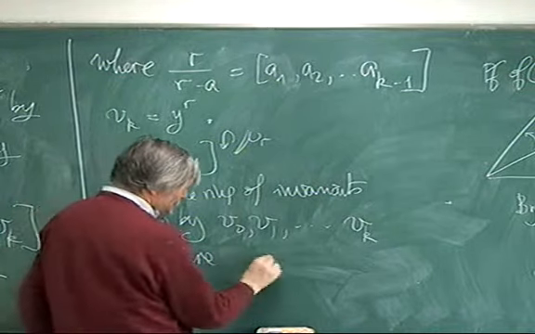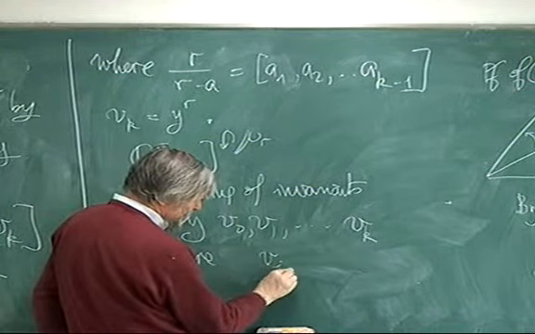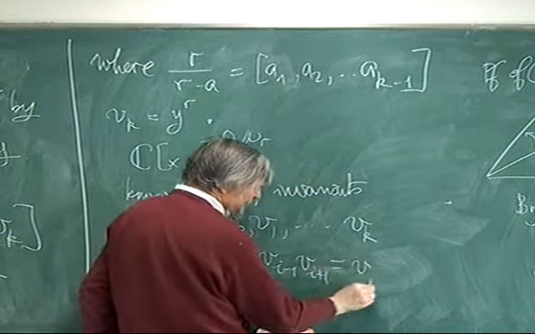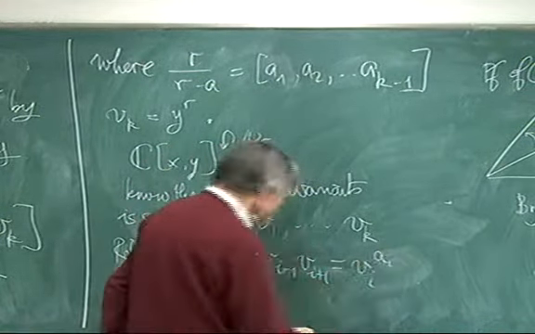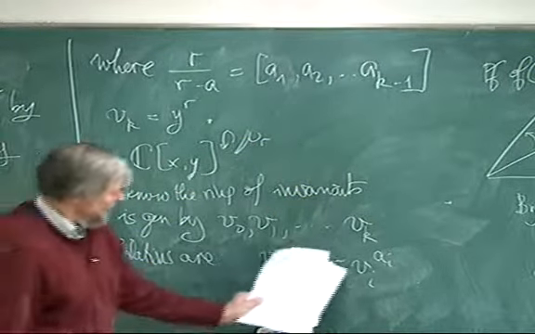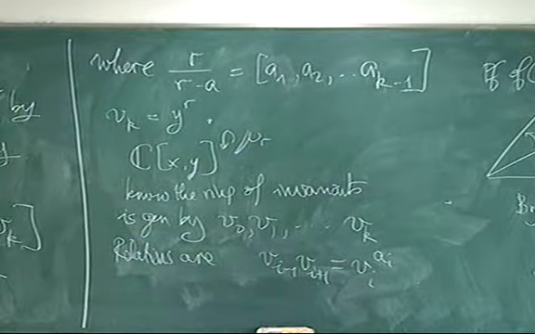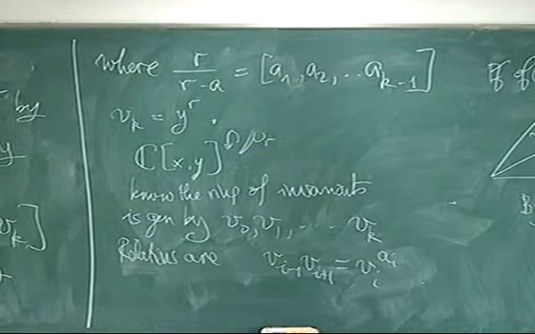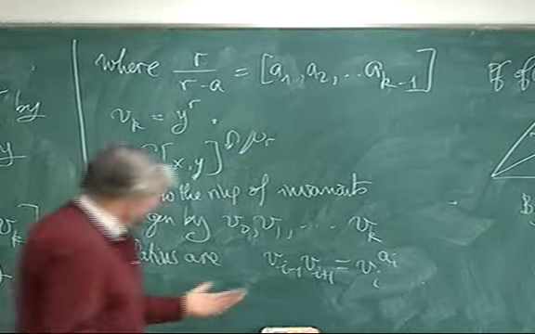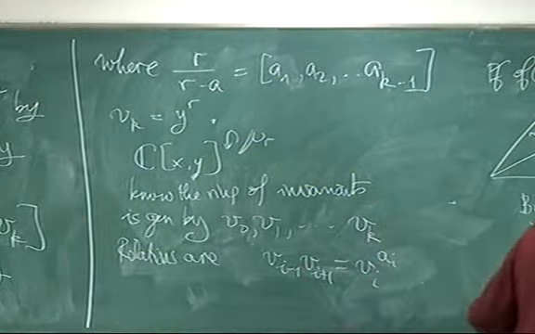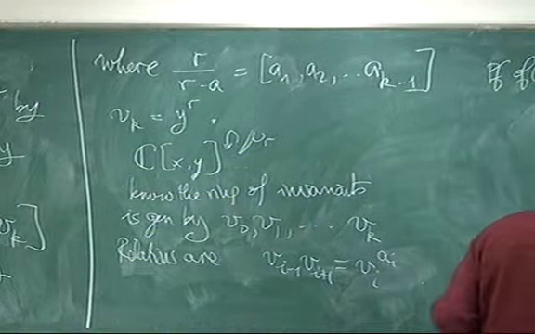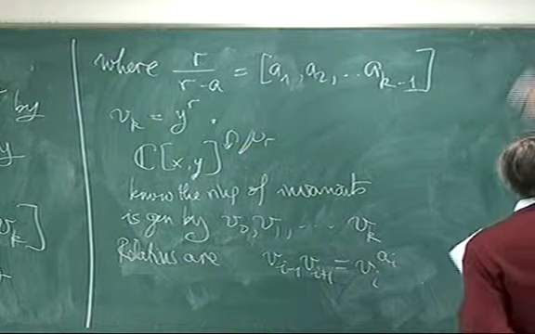well, I already have a lot of relations here. I have V(i-1) V(i+1) equals Vi to the power of ai. And these ai come in a completely automatic and rather easy way just by knowing r and r minus a. So I can calculate huge examples of this just by guesswork. But on the other hand, we don't yet know all the relations.